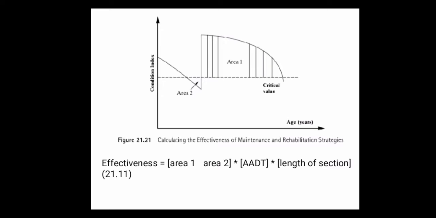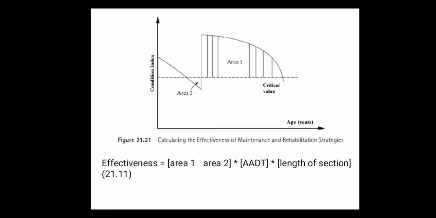The net area is multiplied by the section length and average annual daily traffic, or the AADT, and the result is a measure of the effectiveness of the maintenance or rehabilitation strategy being considered.